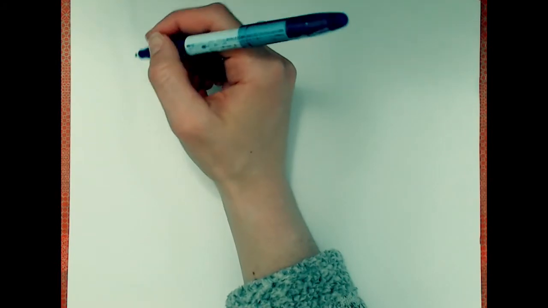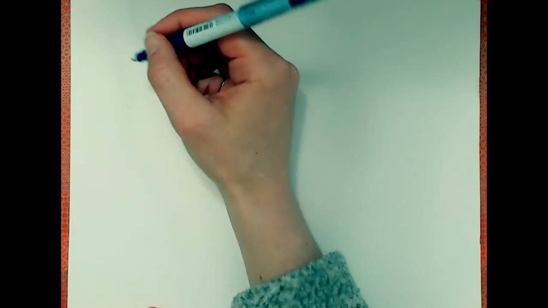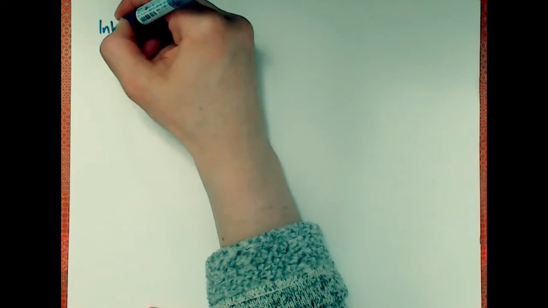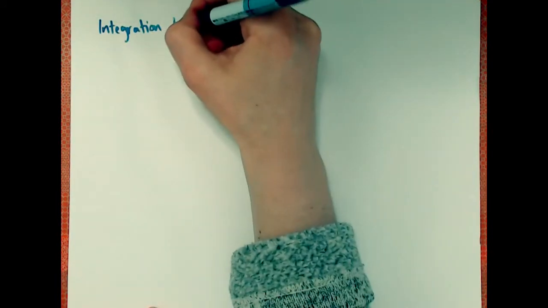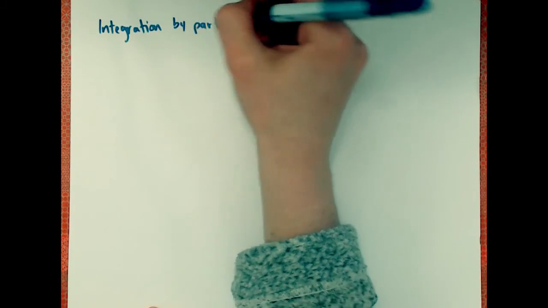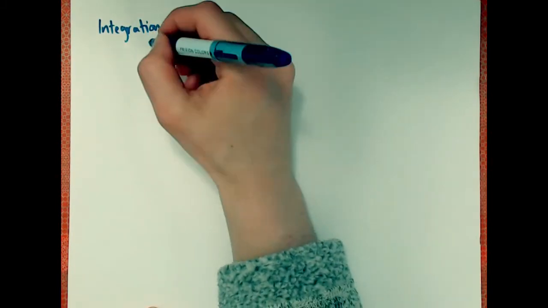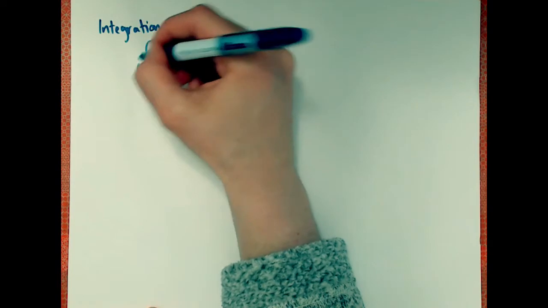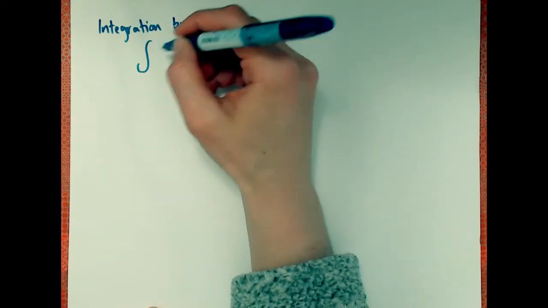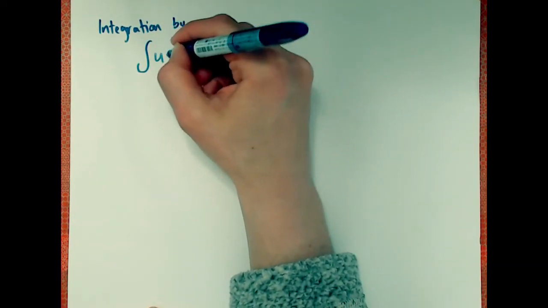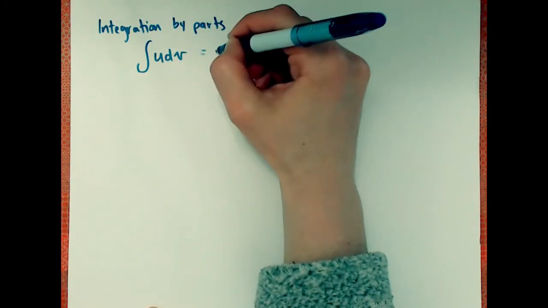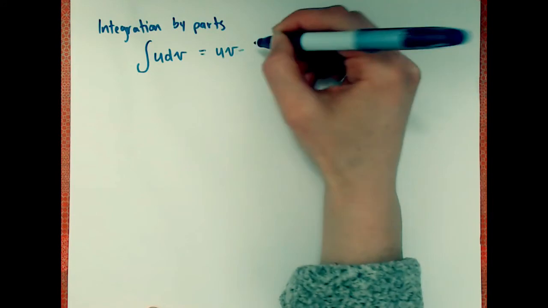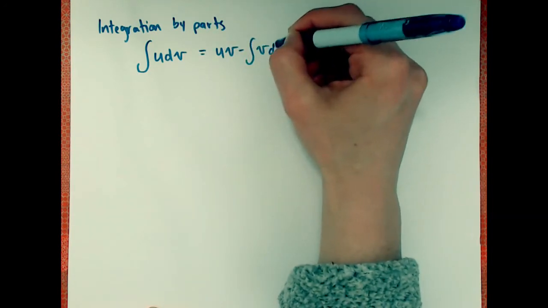Another technique that helps you evaluate some of those trickier integrals is called integration by parts. The formula for this is if you have an integral of the form u dv, you can rewrite it in the form uv minus the integral of v du.